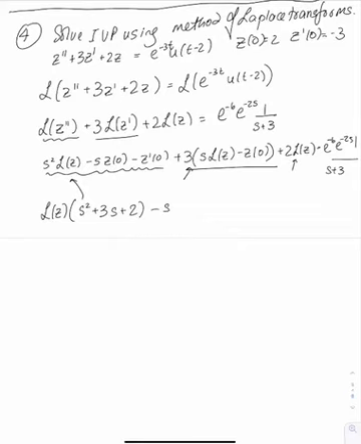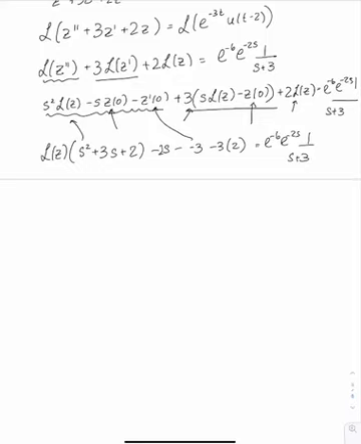Minus s times z of 0, which is 2, so minus 2s, minus z prime of 0, which is negative 3, and then my plus 3 times, or negative 3 times z of 0 from this term. What is z of 0? You have it as 2, and that is e to the minus 6 e to the minus 2s times 1 over s plus 3. Okay?